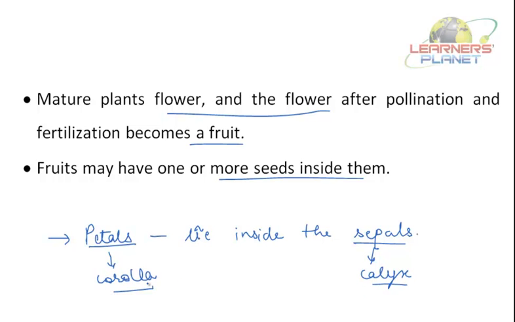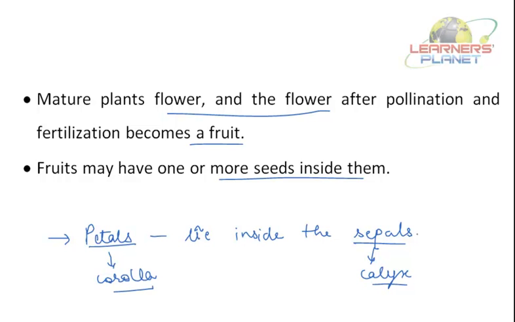So remember these terms, students: corolla and calyx. The petals are usually scented, meaning they are perfumed. So the function of petals is to attract insects for pollination and to protect the reproductive organs which are at the center of the flower. Right? So these are the main parts of a flower.